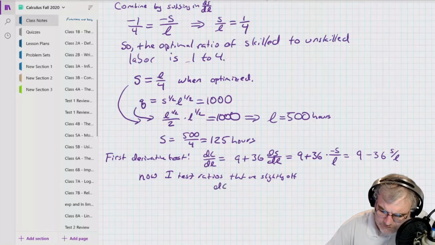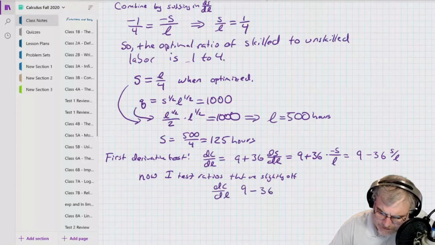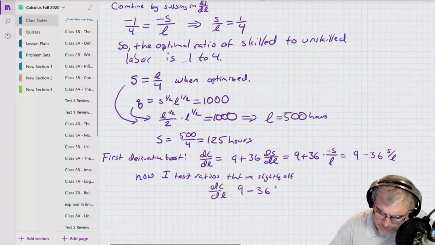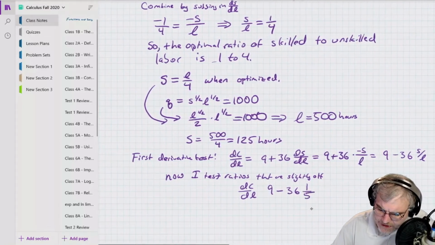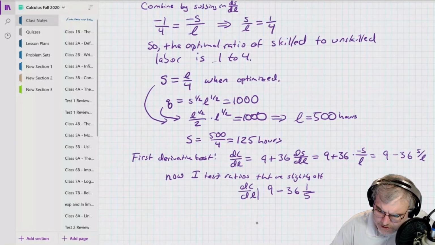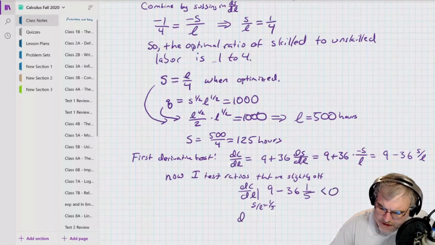So if I do dc over dl of 9 minus 36, let's see, if the top's bigger than the bottom, so if I did 1/5 as my ratio, when S to L equals 1/5, I do this, I'm going to wind up with a, because I'm less than 1/4, I wind up with a negative number. And then when I do dc over dl, when S over L equals 1/3, I'm going to wind up with a positive number.